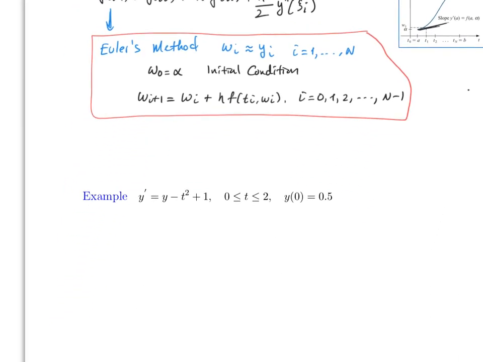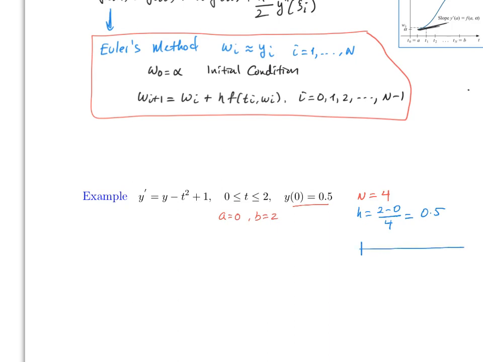Okay. Let's say that we have this differential equation where the value for a here is 0, the value for b is 2, and the initial condition is this. The value for n has to be given. Let's say that n is equal to 4. So if that's the case, then h, or the time step, will be (2 minus 0) over 4, which is equal to 0.5.